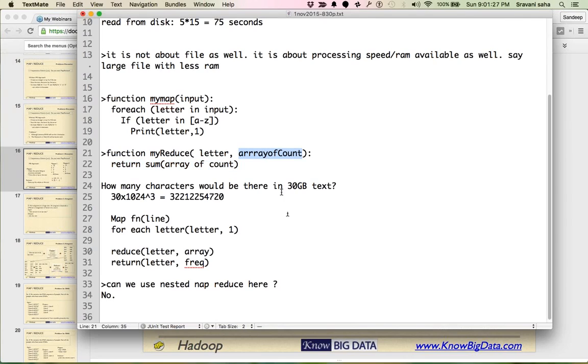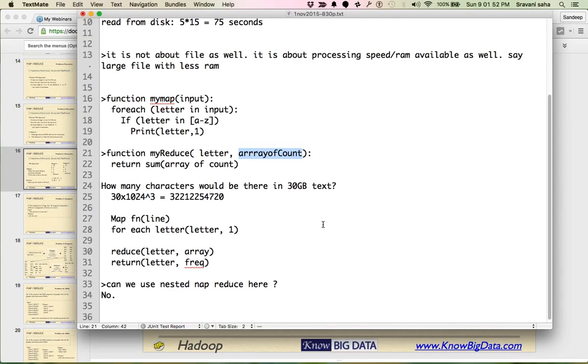So we'll have to think of some better alternatives, because you can think of this array. For 30 gigabytes, approximately, this array will be 1 billion characters long, assuming that each character is equally distributed.